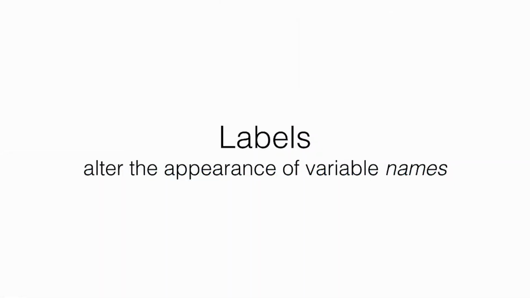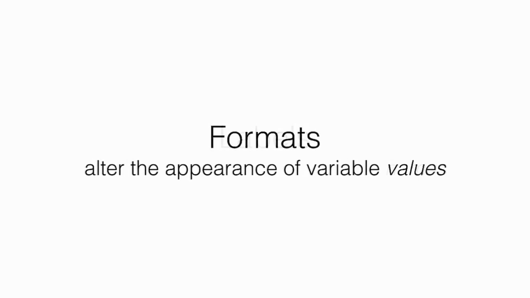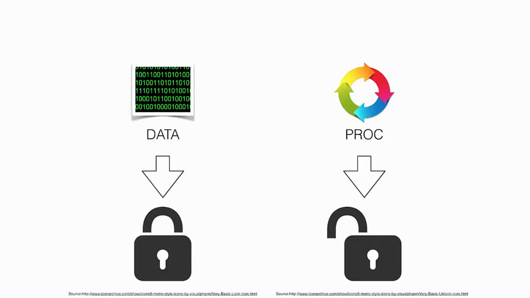Labels alter the appearance of variable names in SAS output, but not the underlying names stored in the SAS dataset. Formats alter the appearance of variable values in SAS output, but not the underlying values stored in the SAS dataset. You can create labels and formats in data and proc steps. If you include your labels and formats in a data step, they become permanently associated with the variables in the dataset.